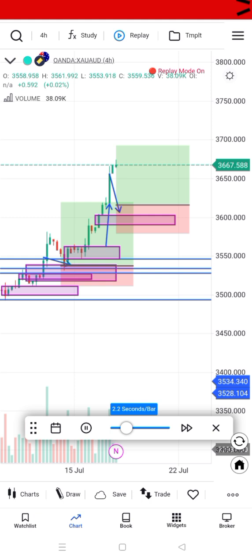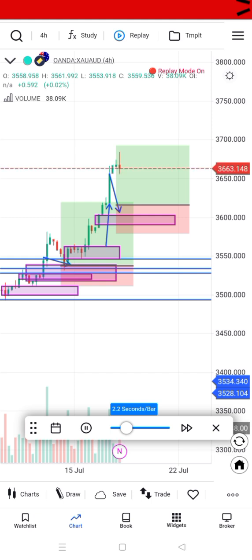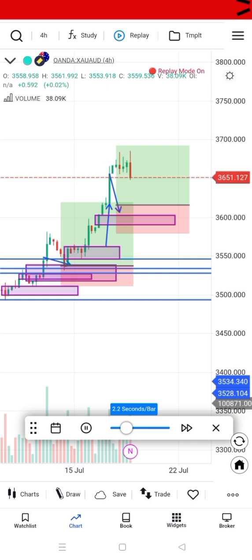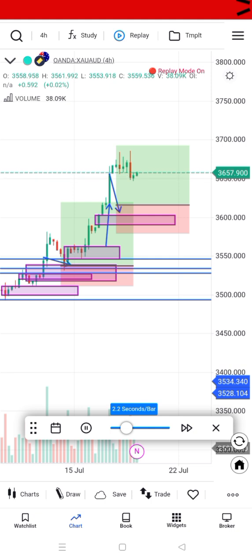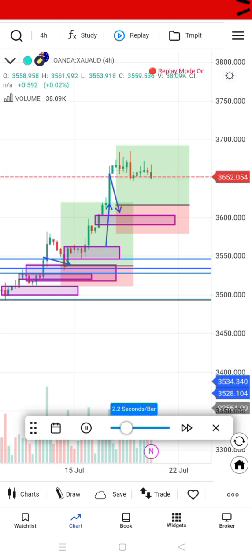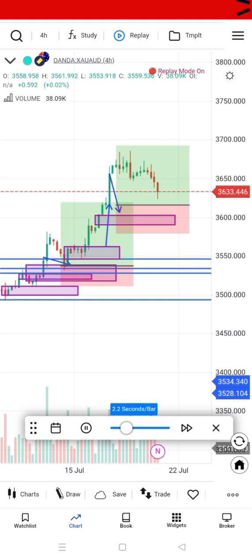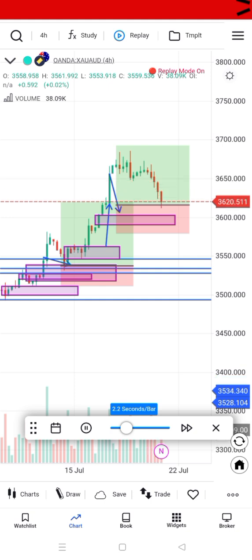So let's wait. I told you, you trade what you see. So according to me, I would have waited for that market to see whether it will return back to my entry point, and I will pick a trade whenever it returns to that zone. So let's wait and see whether the market came back. And if it did not come back, you just know that was not an entry for you, and you continue analyzing the market.